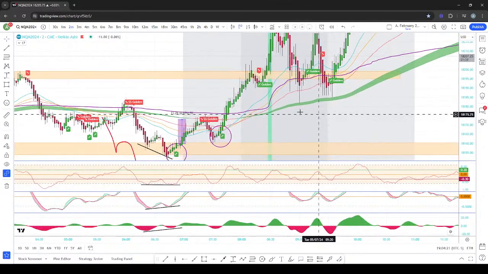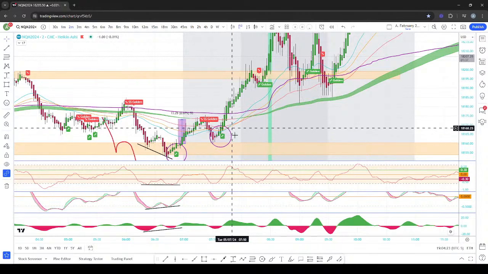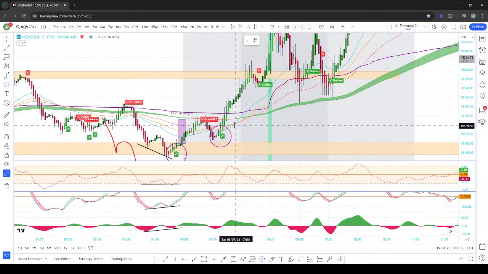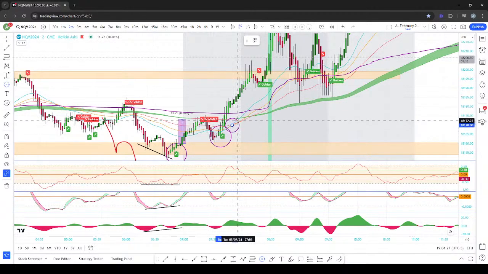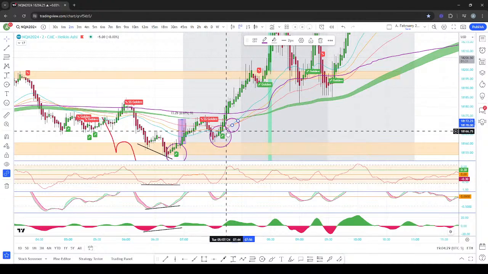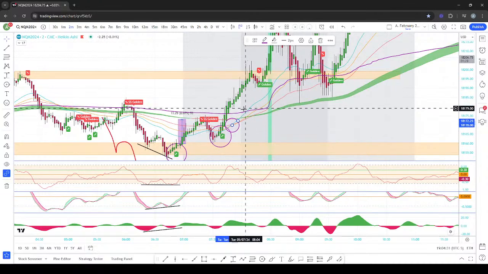So another really nice thing that's happening right here is what I call the transitional phase of the market, according to the EMAs right here.